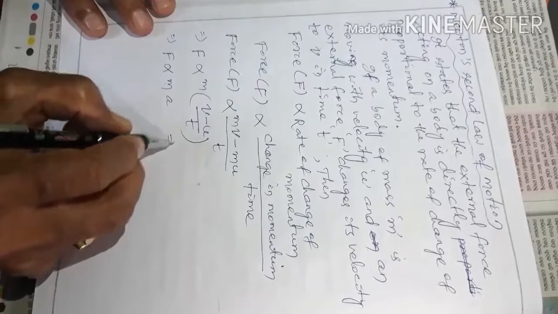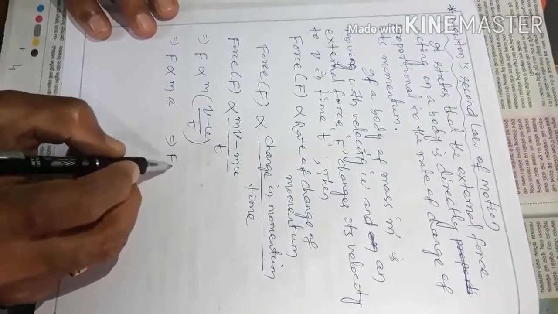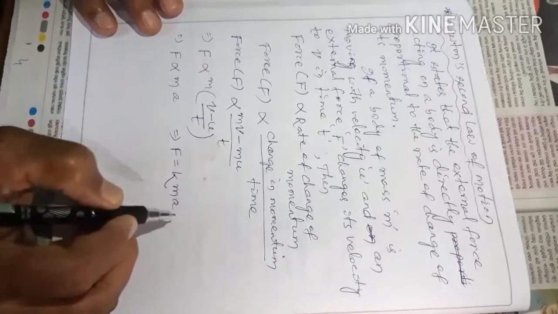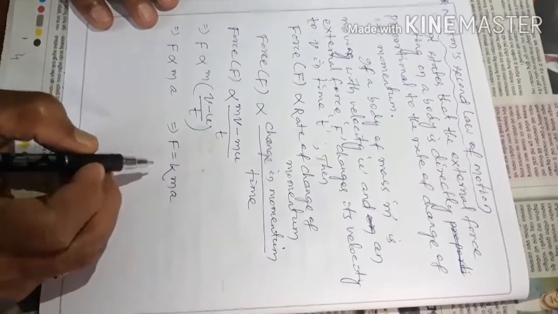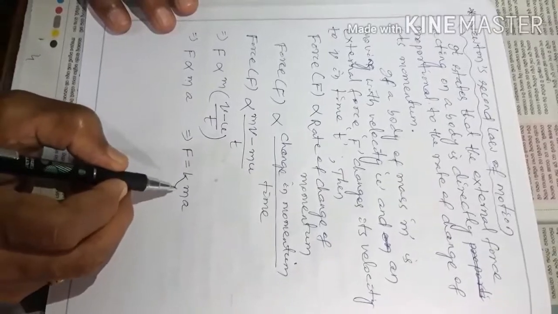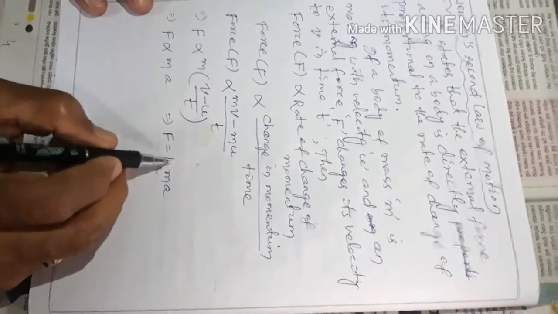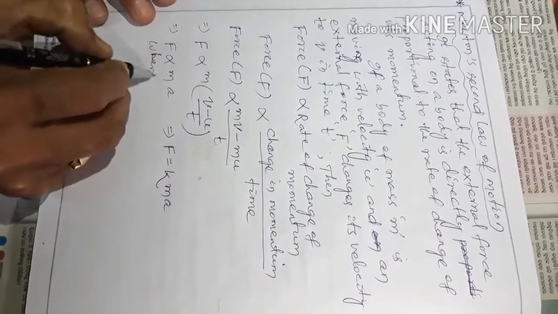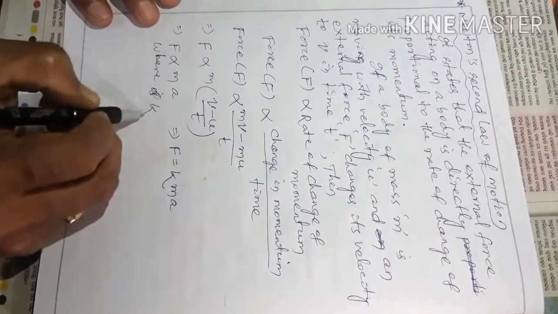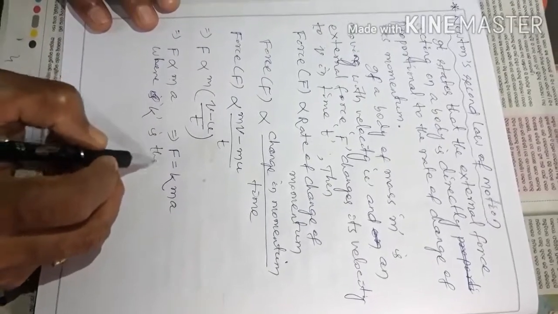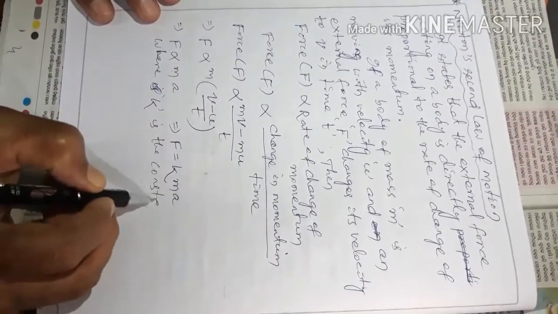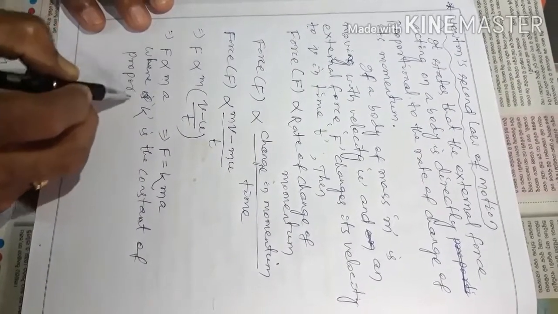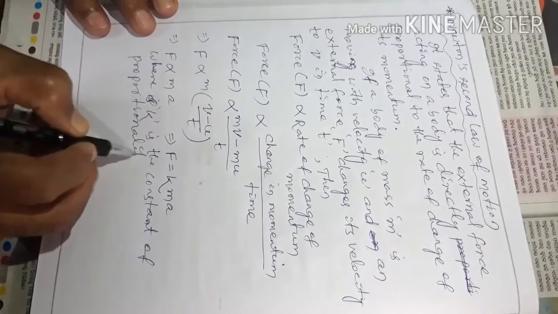That implies F is equal to k into ma, where k is the constant of proportionality.